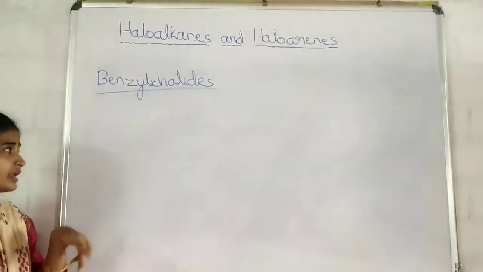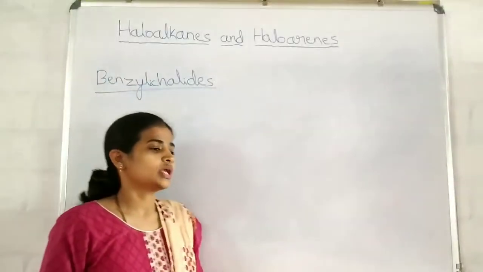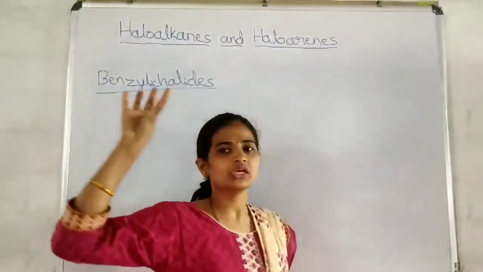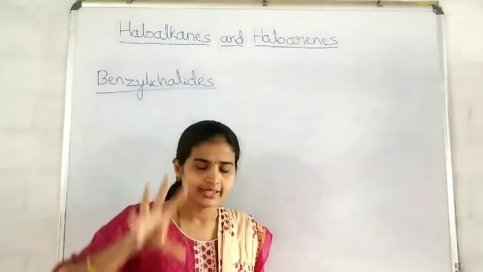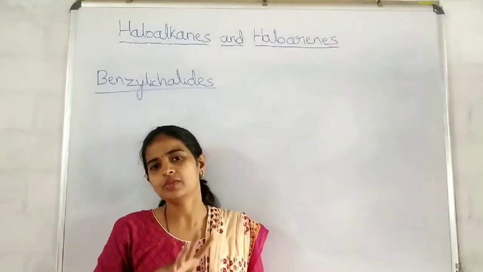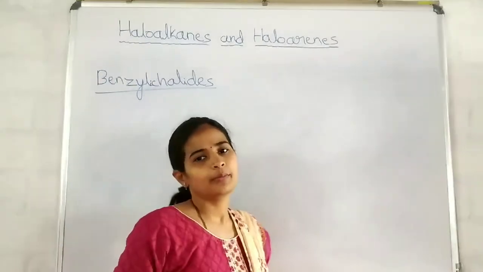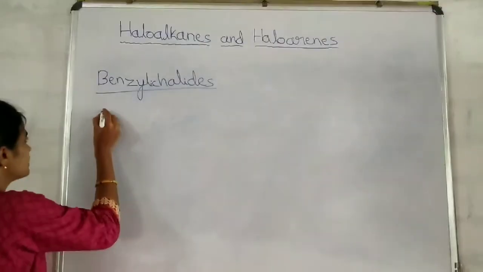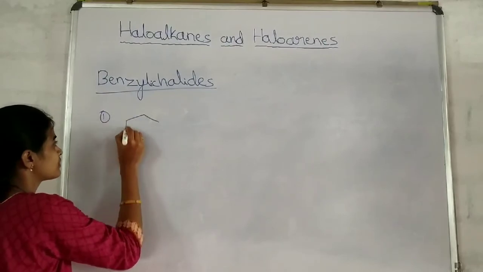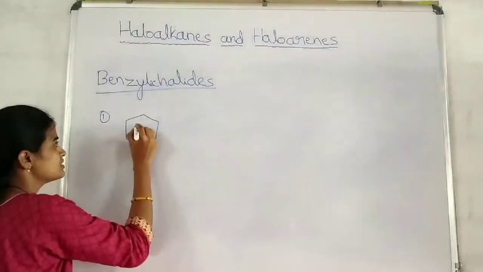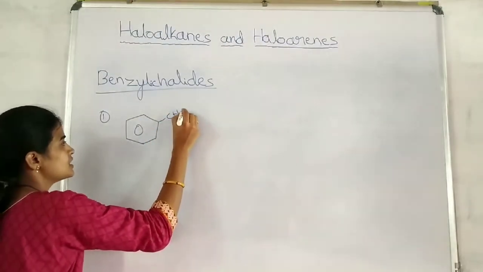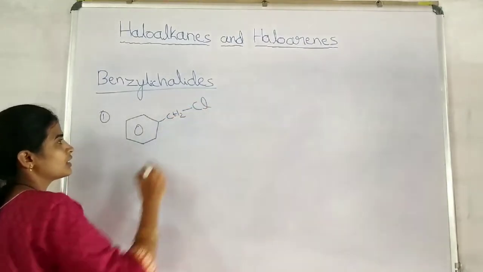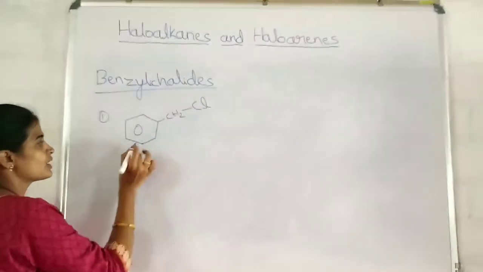These are called benzyl halides. You can write it down. The halogen compounds in which the halogen atom is attached to an sp3 hybridized carbon atom which is further attached to the benzene ring. Example: benzene ring, CH2, chlorine. Okay, this group is called what?